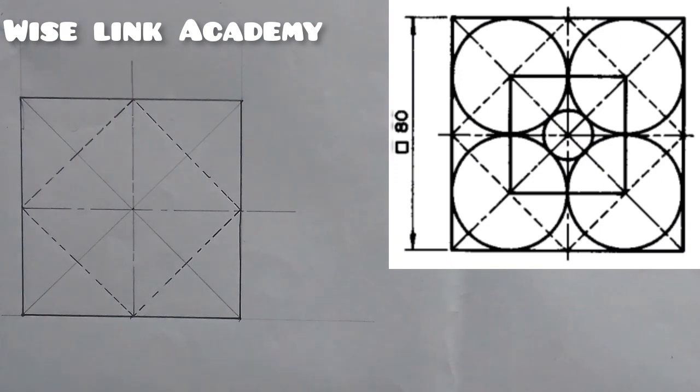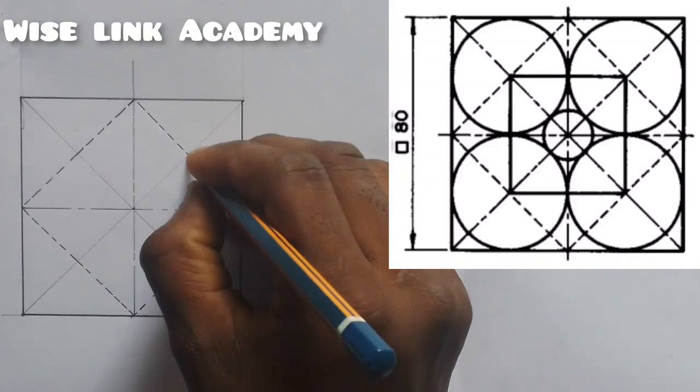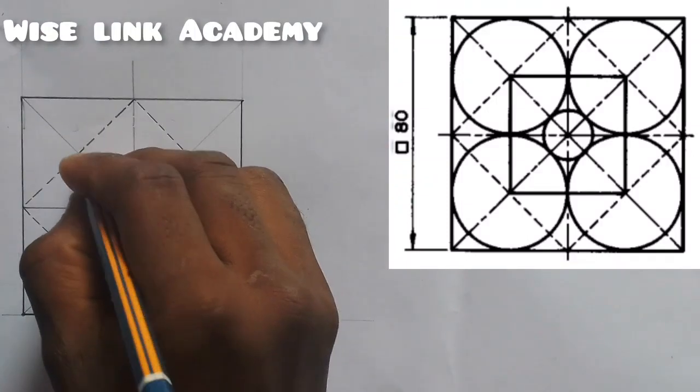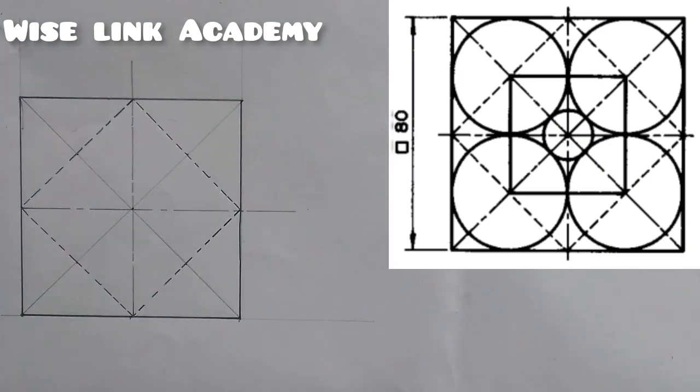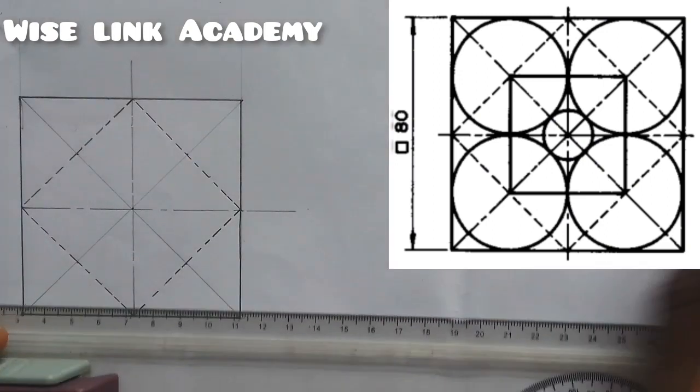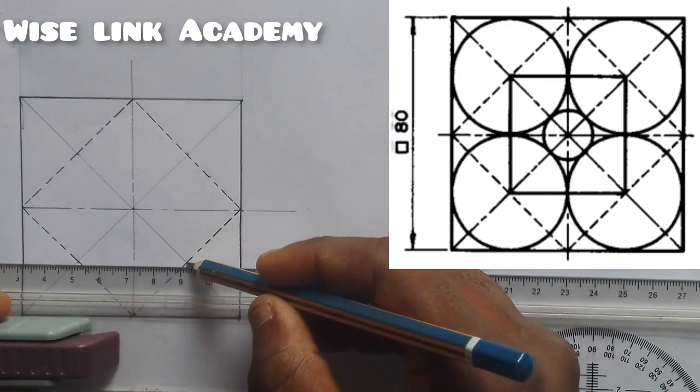So my next task here, after I've done this, is to draw a vertical and horizontal line at these points. This point here, this point here, this point here, and this point, and I'll join them this way. Join this point and this point together.